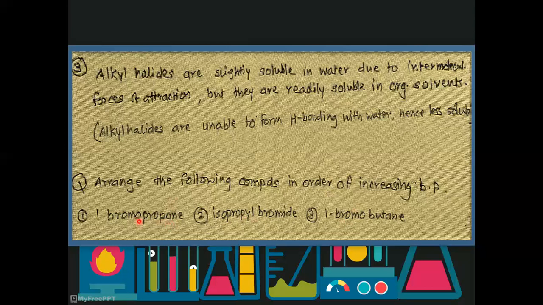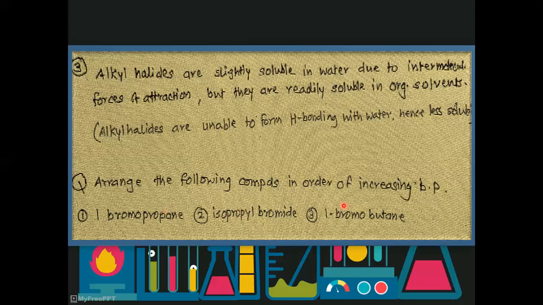See first the chain length. Propane, here it is also propane, but here 1-bromopropane is the normal propyl, and here branching decreases the boiling point. So both of these are derived from propane, but 1-bromopropane has a higher boiling point than this.